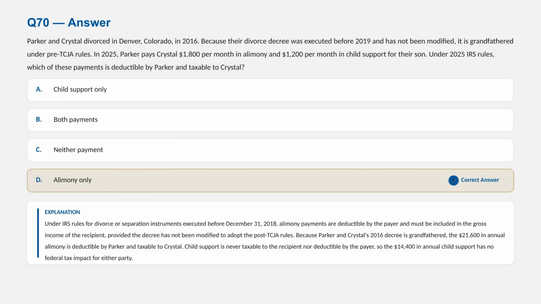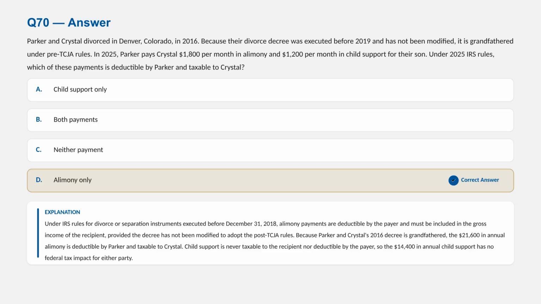The correct answer is D. Alimony only. Under IRS rules for divorce or separation instruments executed before December 31st, 2018, alimony payments are deductible by the payer and must be included in the gross income of the recipient, provided the decree has not been modified to adopt the post-TCJA rules.